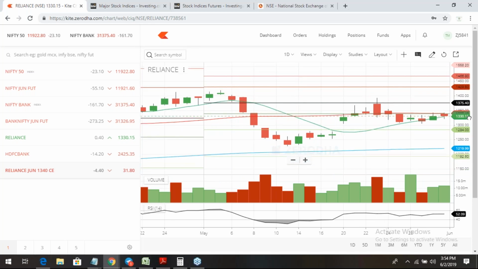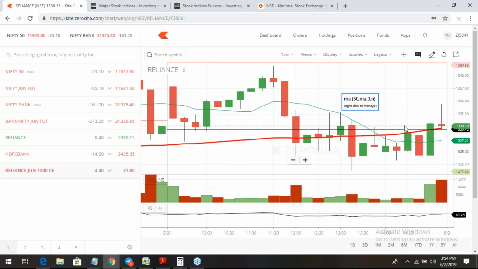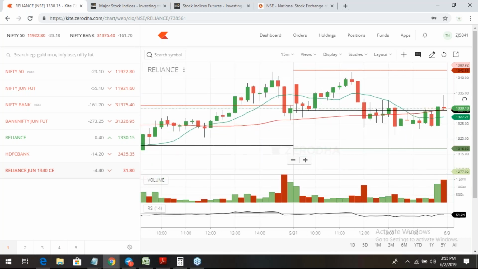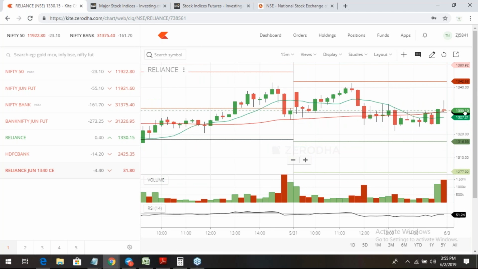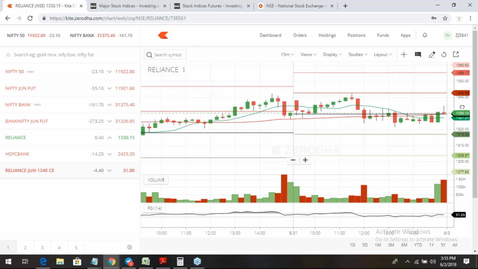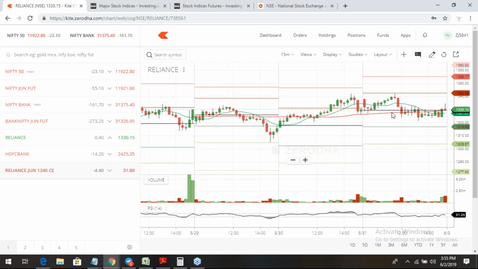On a 15-minute candle, if you are an intraday trader, see, yesterday the stock went downside exactly from the pivot point. For an intraday trader, pivot point will act as support and resistance.